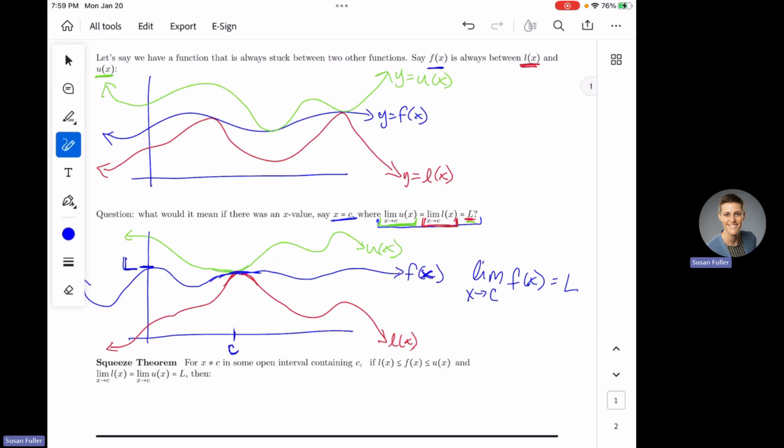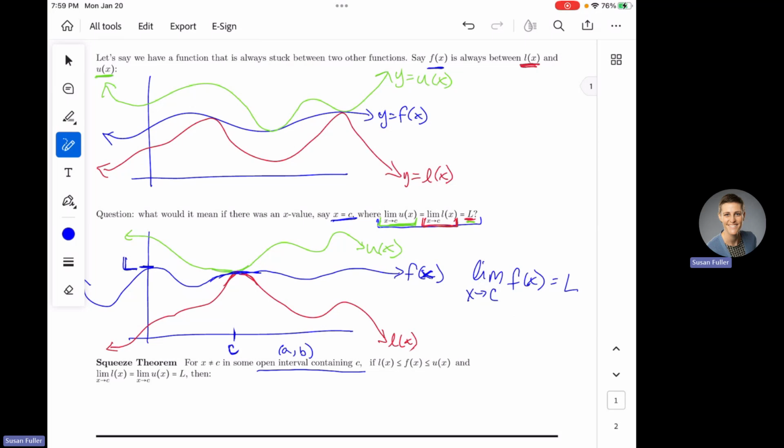It says if you have, for x not equal to c in some open interval containing c, again, an open interval containing c means that we are going from x equals a to x equals b. We're not including the endpoints. And c is between a and b, but c doesn't have to be included in here.